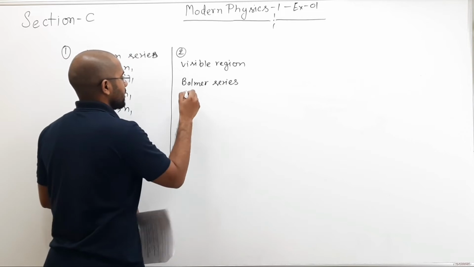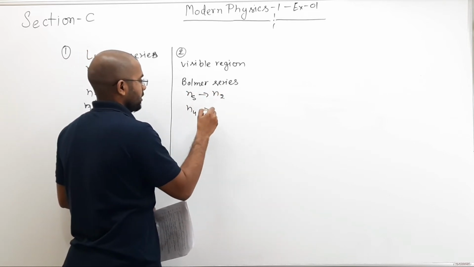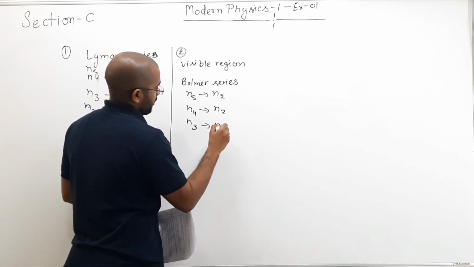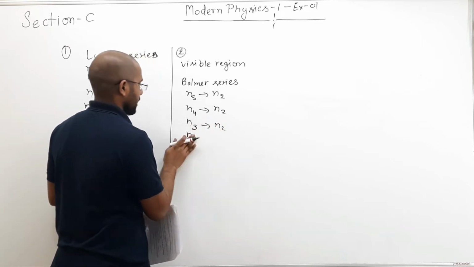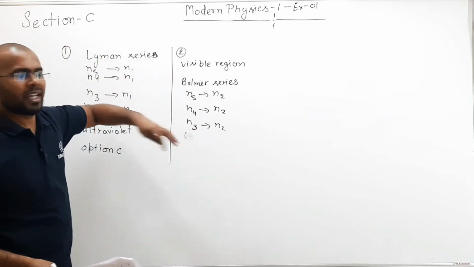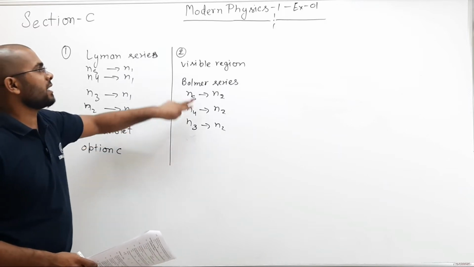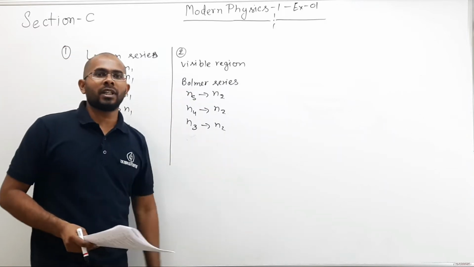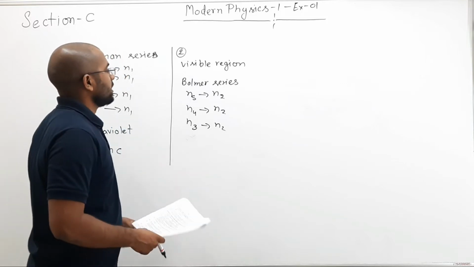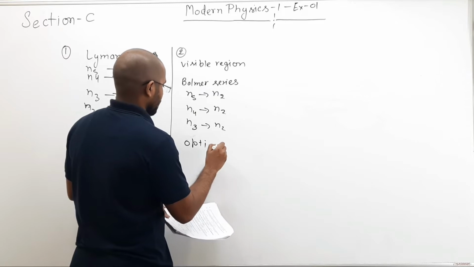What is Balmer series? n5 to n2, n4 to n2, n3 to n2, or n6 to n2, n7 to n2, any higher orbit to second orbit, that is your Balmer series. And in this Balmer series, the photons which are emitted will fall in the visible region. So that is your option 2.